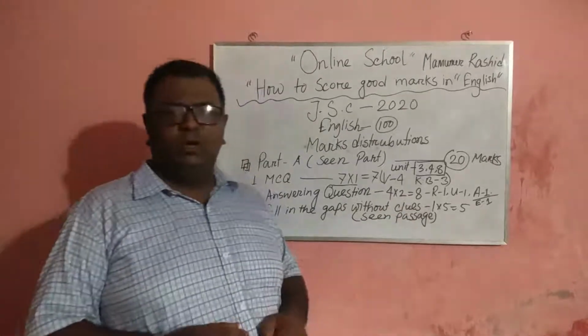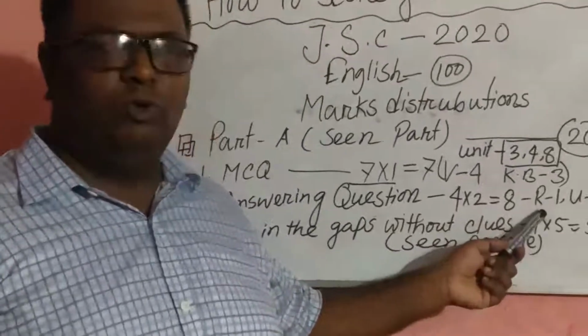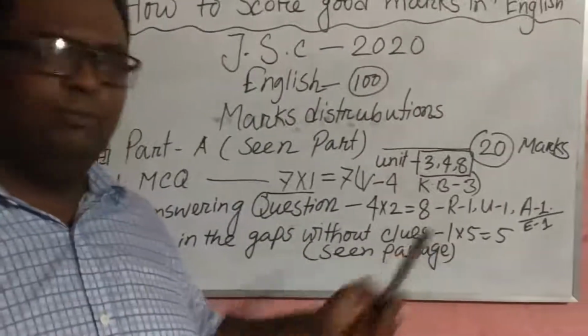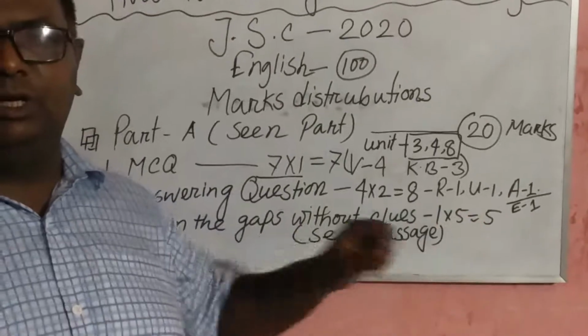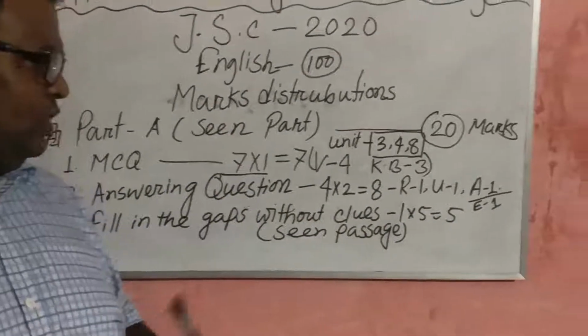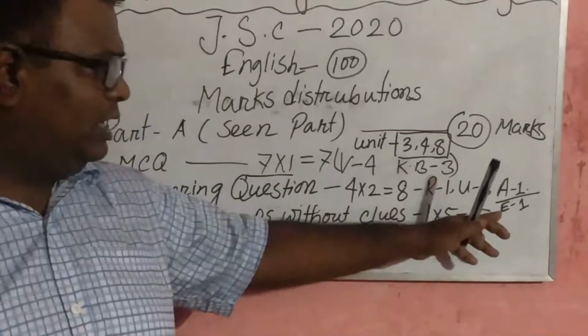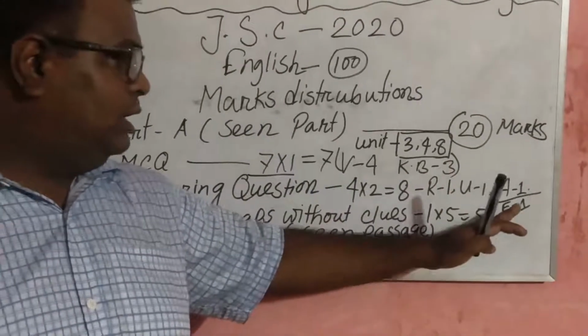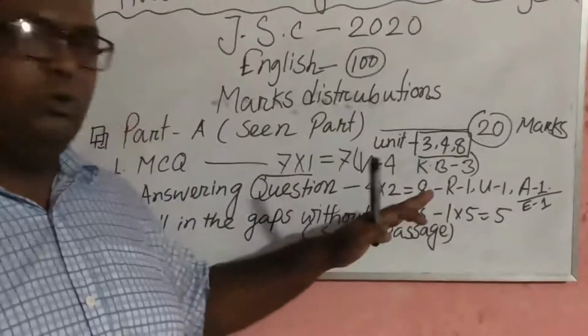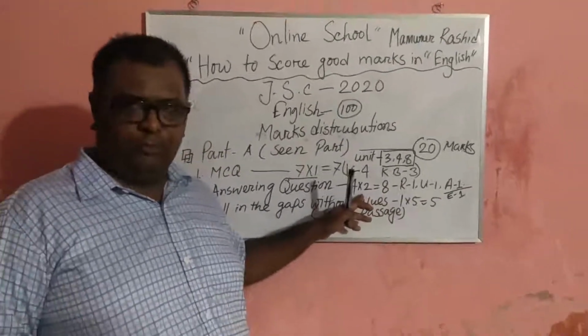The first question may be a remembering part or a short question, and then the question will be on analyzing or understanding, and then analyzing or evaluating, and a total of 4 questions will come.